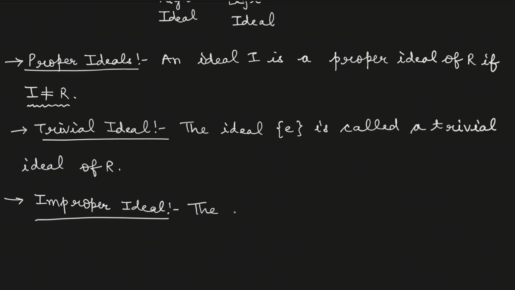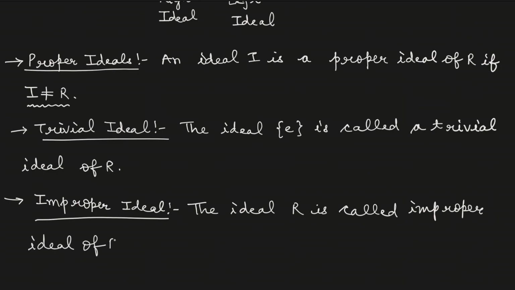The ideal R is called improper ideal of R. So trivial ideal is this identity and improper ideal is this ring R itself.